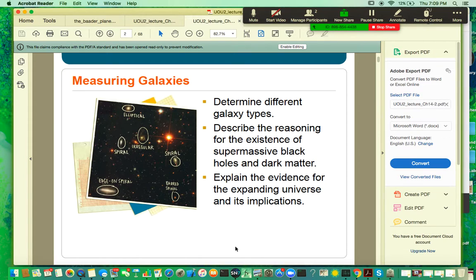We are going to learn that galaxies group themselves in what we call clusters. And our Milky Way galaxy, this collection of 300 billion stars, belongs to what we call the local group of galaxies, and Andromeda is part of it.